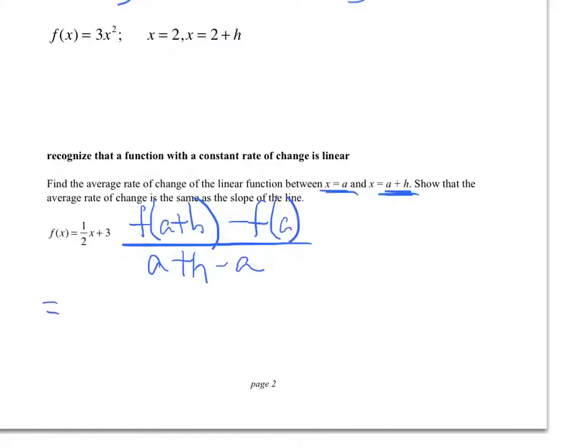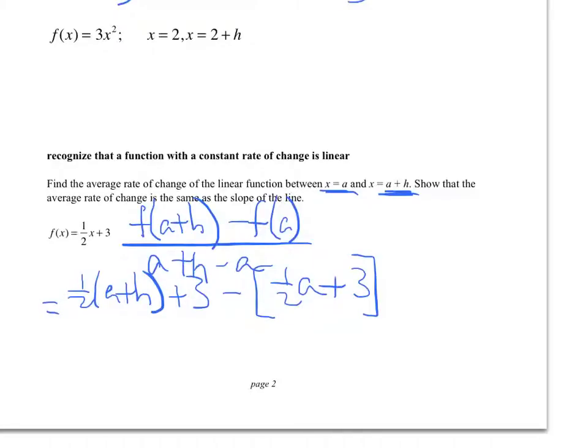Now, f of a plus h means 1/2 a plus h plus 3 minus 1/2 a plus 3. We need these grouping symbols again because of that subtraction sign. The denominator a plus h minus a just becomes h.